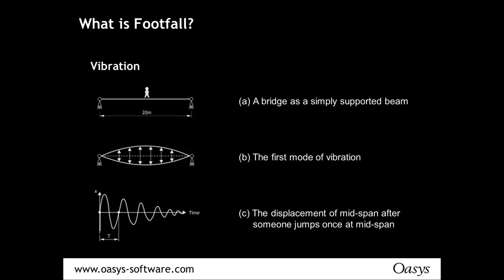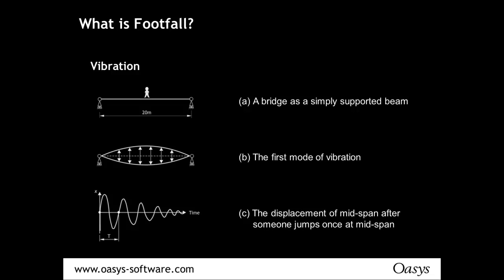So, vibration itself. When people are walking on the floor, bridge, staircase, whatever, every time their foot hits the surface, it impacts, and so there's a force. Now, because people tend to walk at a given pace, these walking frequencies can set up resonances within the structure, which cause it to vibrate.